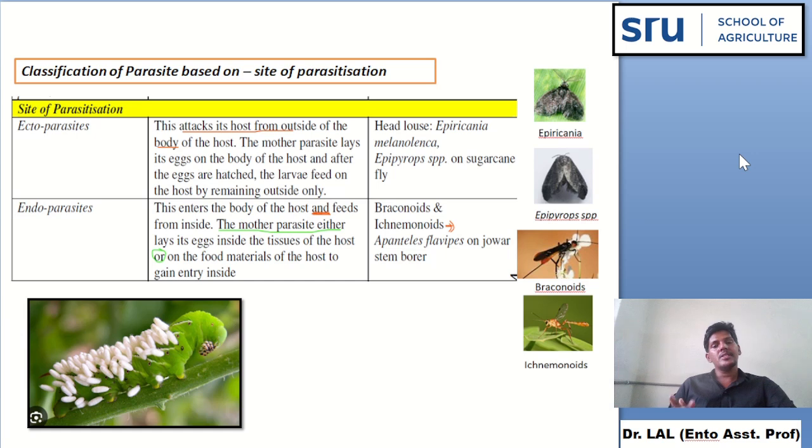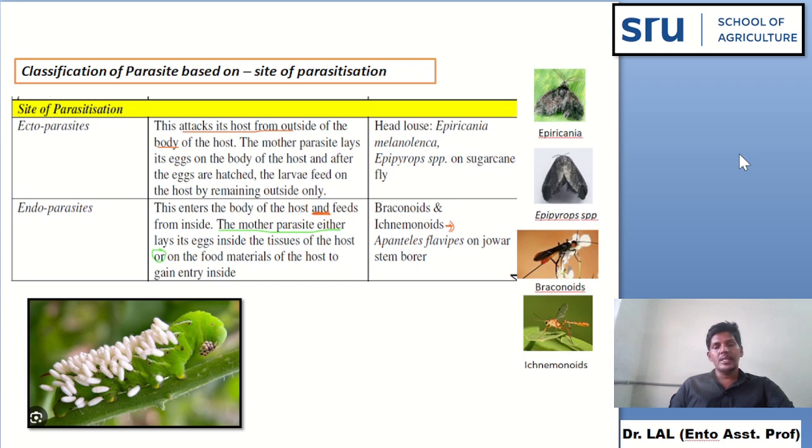Next, classification of parasites based on site of parasitization, that is ectoparasite. Second one is the endoparasite. In case of ectoparasite, the parasite attacks the host from outside of the host body. In this case, the mother parasite lays its eggs on the surface of the host.